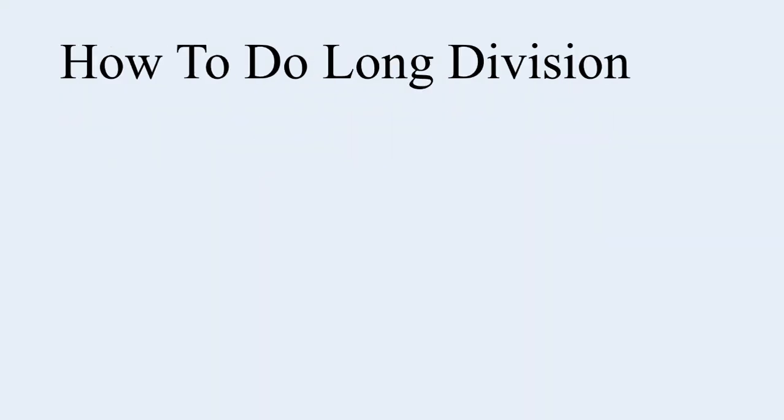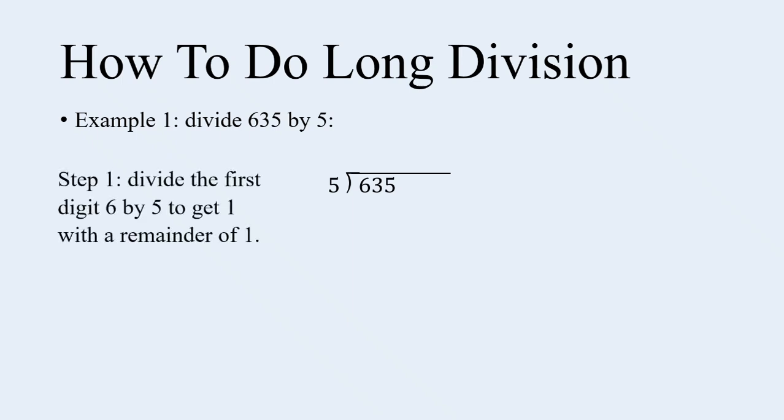To use long division, there are just 3 simple steps. Let's do an example to show you these steps. Let's say we want to divide 635 by 5 using long division. Step 1. Divide the first digit of the dividend, which is 6, by the divisor, which is 5, to get the first digit of the quotient, which is 1 with a remainder of 1.